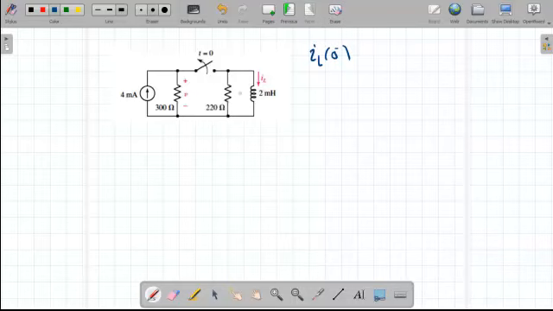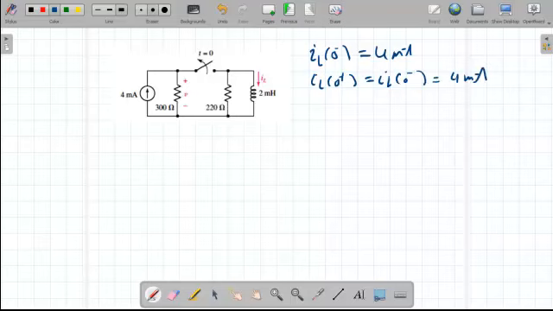When this was a short circuit, of course, the current will not go through this 220 ohm resistor, and also not through the 300 ohm resistor, because these two are in parallel, and they are in parallel with a short circuit. So all the 4 milliamp will go through the inductor. So it will equal 4 milliamp. And again, IL(0+) will equal IL(0-), which equals 4 milliamp.